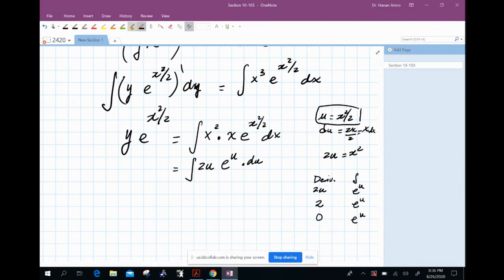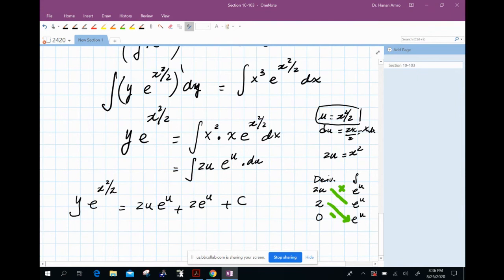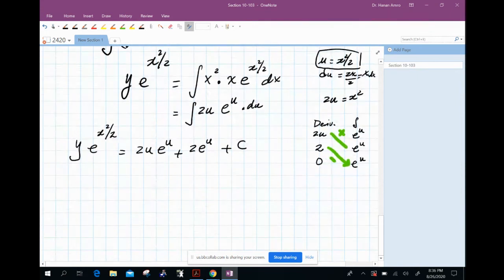And now when we do the method of integration, where we keep going in that direction, the first one is positive and the next one is negative. Now when we write it over here, e to the x squared over 2 is equal to 2u e to the u plus 2e to the u plus c, where u is x squared over 2.